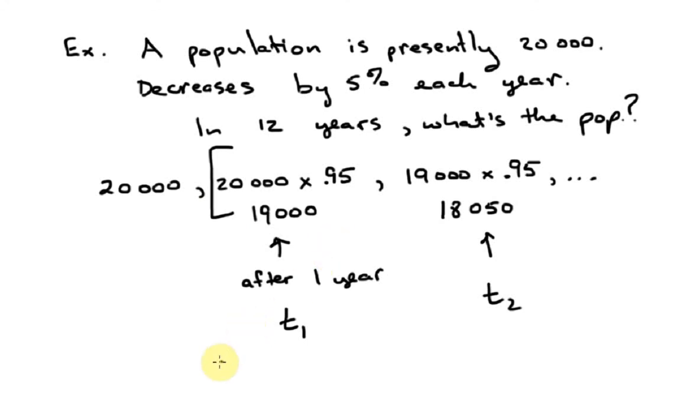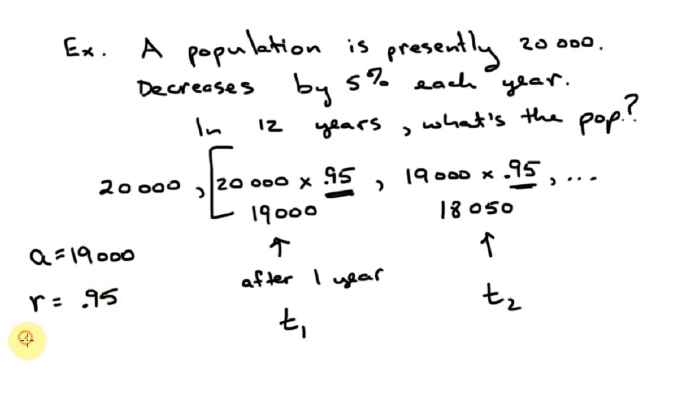So now let's have a look at what we know. Well, if this is where we're starting our sequence, then we know our first term is 19,000. Okay, we know the common ratio, what we seem to be multiplying by each and every time, is always 0.95, right? We take the previous term and we multiply by 0.95 to get the new population.